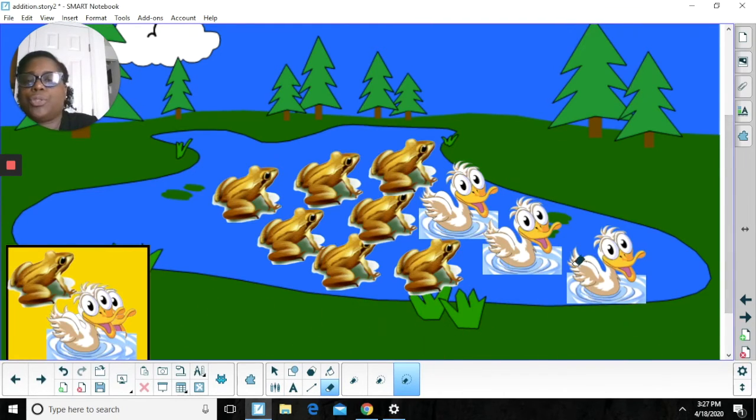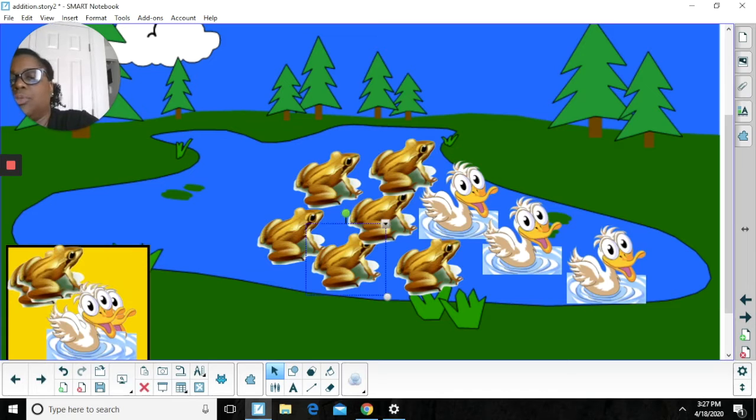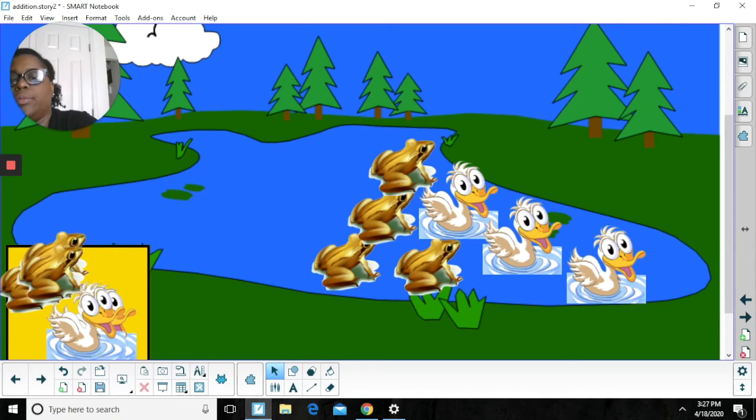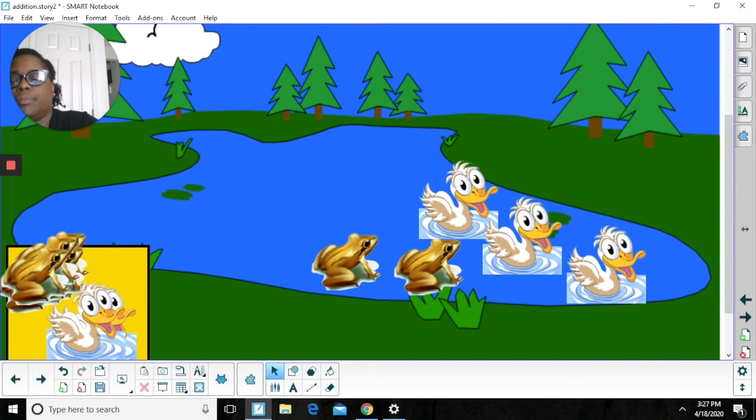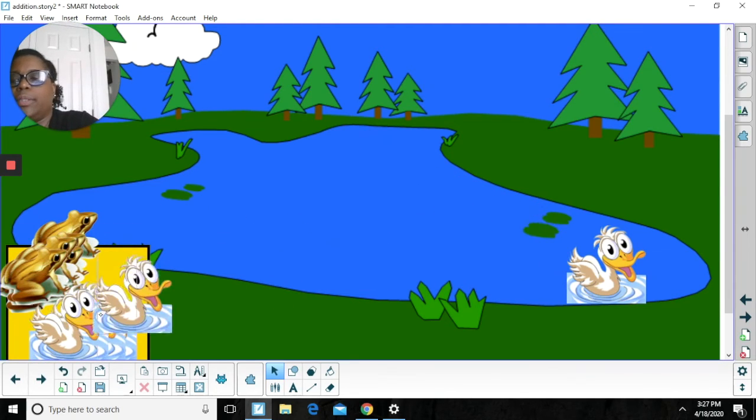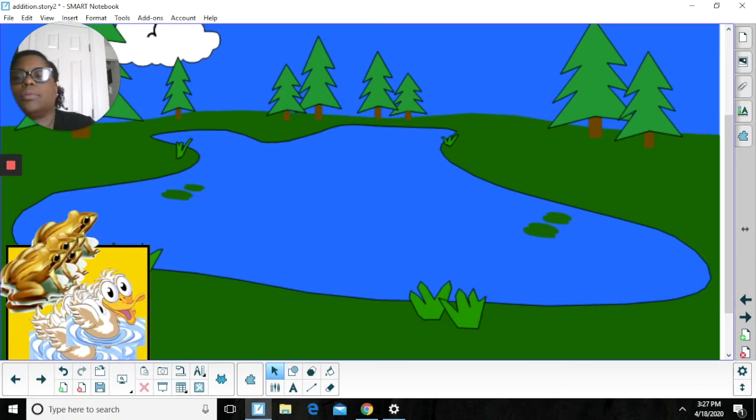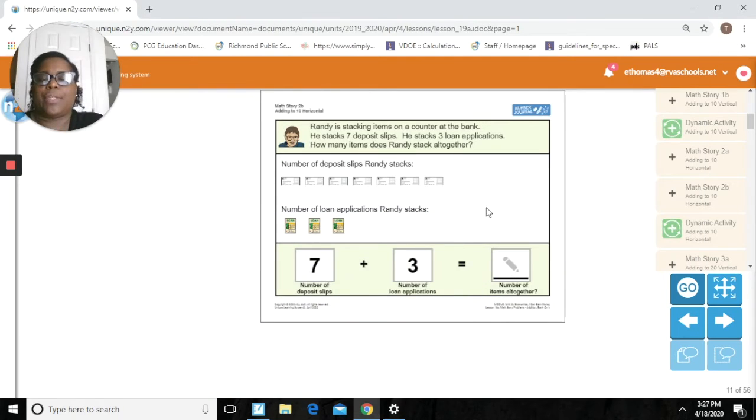So now what we're going to do, let's move our frogs back in over here. I'm going to move our duck back. And we're going to do some more problems together.